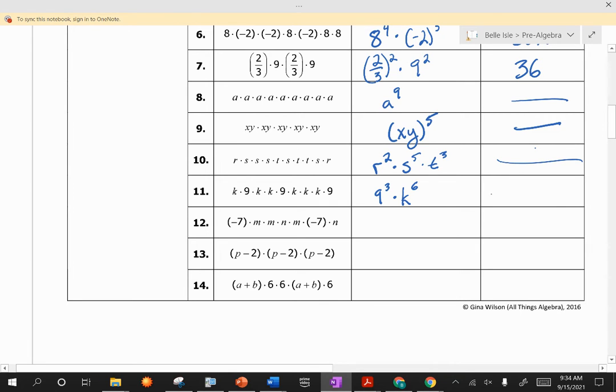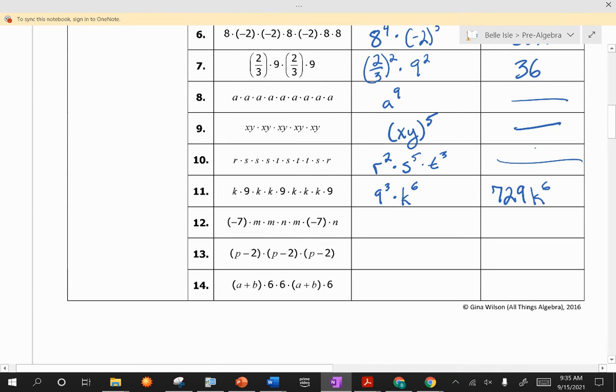What is the value of 9 to the third? Good. 729. Now, how do I write the rest of this? Perfect. It's still being multiplied by K to the 6th power, we just don't know what that is. So you'll just put it back on after you do the multiplication that you can do.